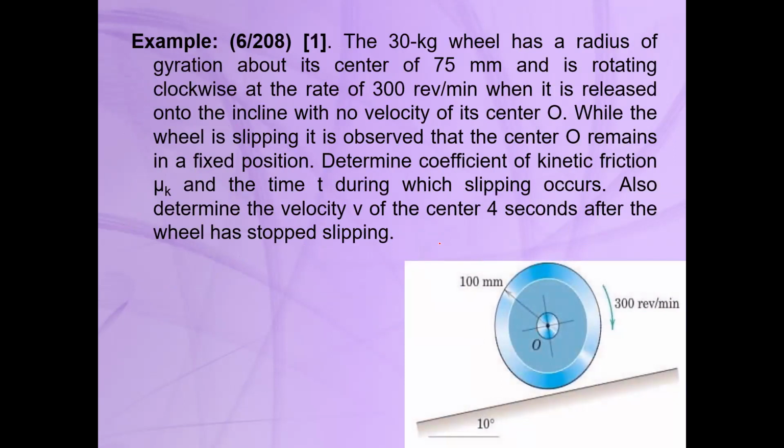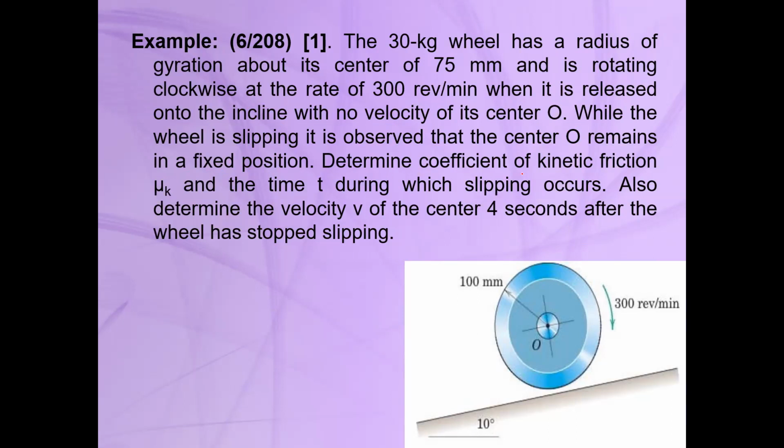Here we have another example. The 30 kilogram wheel has a radius of gyration about its center of 75 millimeter and is rotating clockwise at the rate of 300 revolutions per minute, or RPM. When it is released onto the incline with no velocity of its center O, while the wheel is slipping, it is observed that the center O remains in a fixed position.